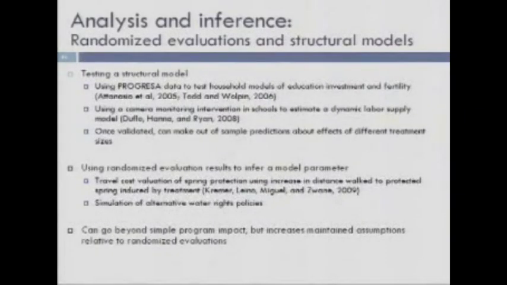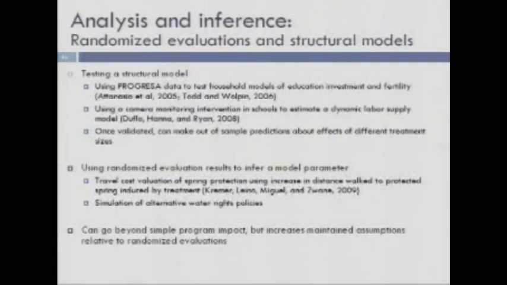So I mentioned this project earlier in which there were improvements to water sources called spring protection. We looked at whether people traveled further to go to these water sources. So then, if you're willing to make some assumptions that are required for travel cost analysis, you can make some estimates of the valuation of different consumers for this. And then you can simulate the impact of different property rights schemes in water.